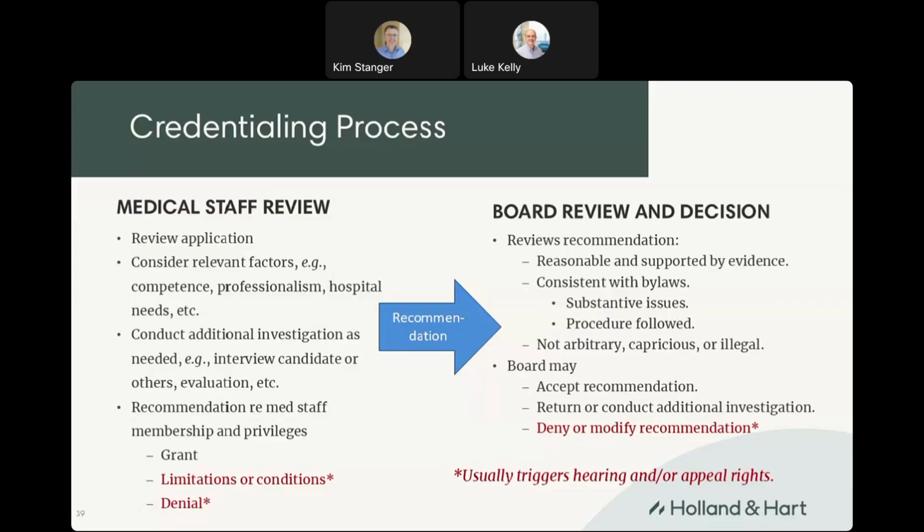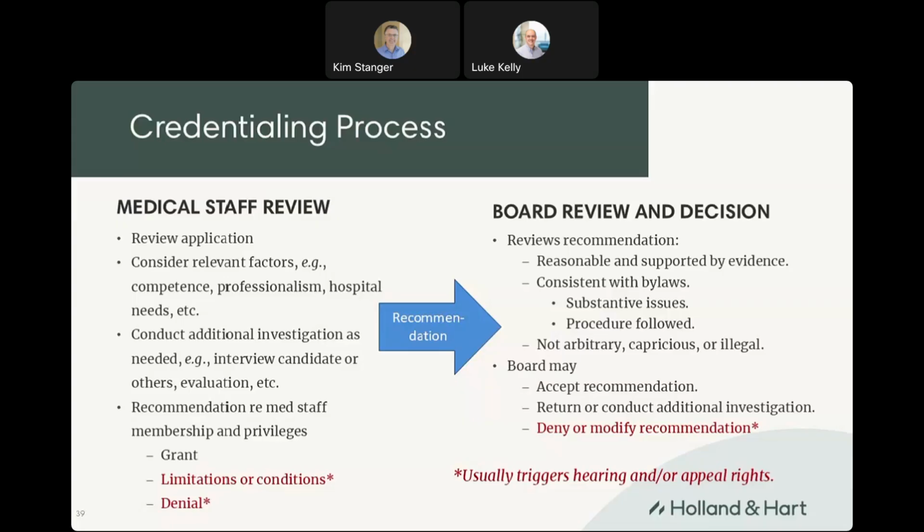So the board members don't have to be physicians in order to do this, but they need to basically be the check and the balance to make sure that the recommendation from the MEC is reasonable, consistent with the bylaws, and that they followed the right process.